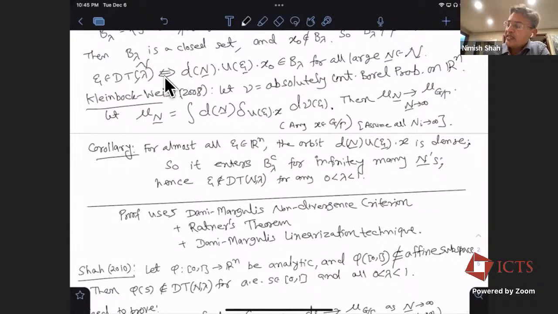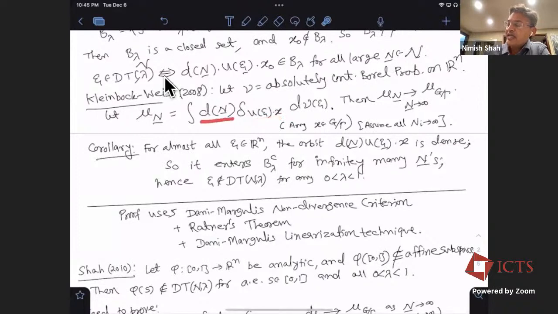So Kleinbock and Weiss showed that if you take any absolutely continuous Borel measure on R^n, and you take u_c applied to x, for any x in G mod gamma, you apply u_c to x, and then you consider this to be a point mass on this point.